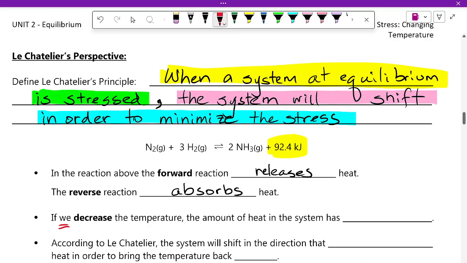If we decrease the temperature, remember that's a stress, because that's what we did. What has happened to the amount of heat in the system? It has decreased, because we've maybe placed the system in an ice bath, and the motion of the molecules, bashing into the sides of the container, is moving out into the molecules in the surroundings. So the amount of heat in the system has decreased.